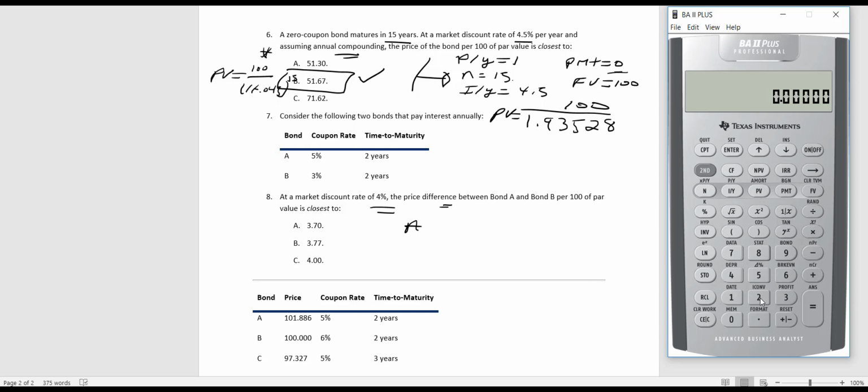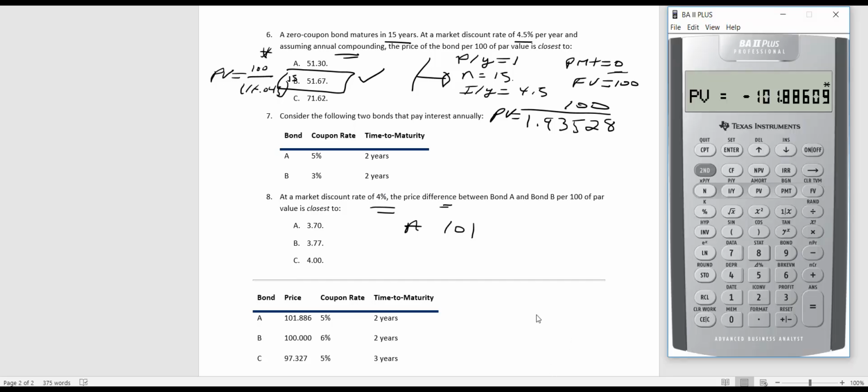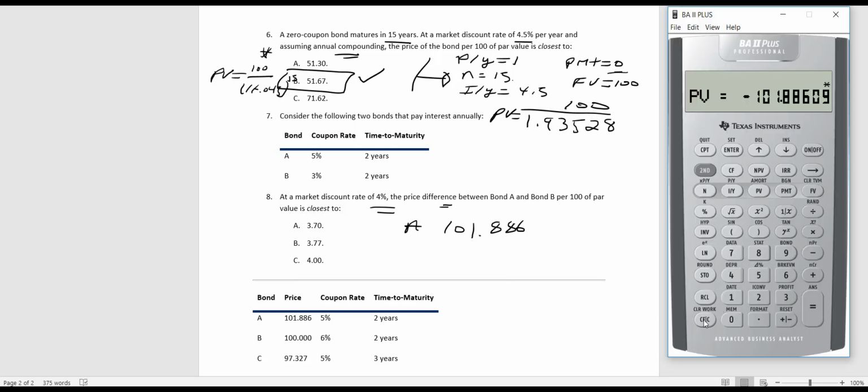The first one, it's 2N, and the IY is 4, and the payment is 5%, so that's 5 payment, 100 future value. So compute the present value, and we've got a price on the first bond of 101.886. All right, so let's calculate the second bond now.